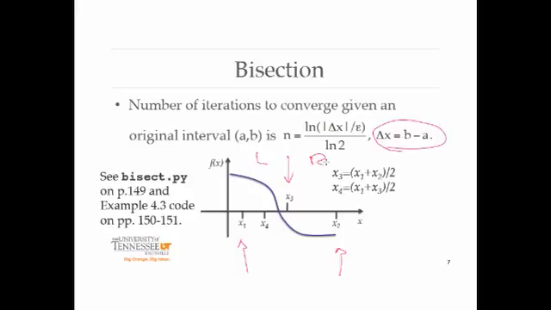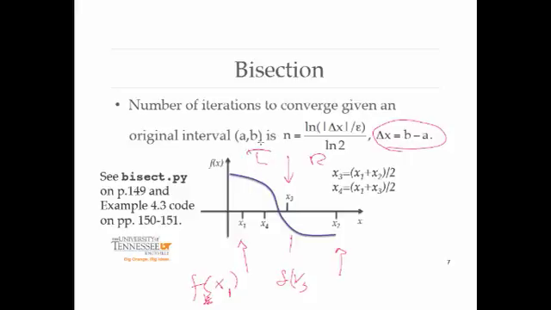Simply, you're just going to take the product of the function values. F of x3 is still negative and f of x2 is negative, so the product will be positive. Not interested. But f of x3 is negative, and f of x1 will still remain positive, so we know that we need to continue on this side.